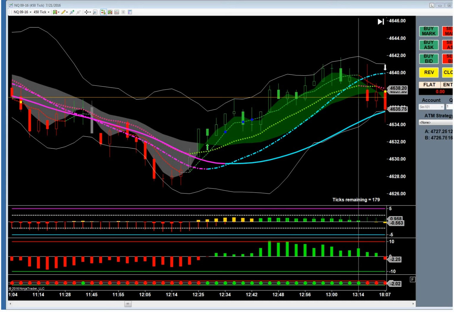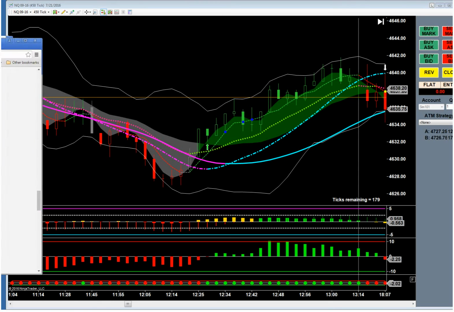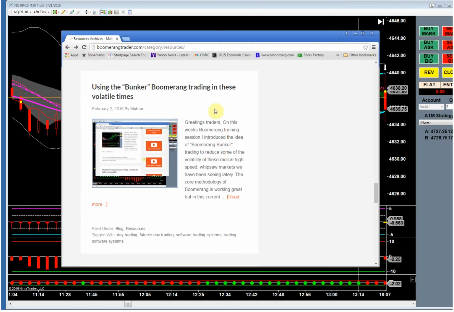If you recall, I think it actually went to 28 a barrel. There were companies going bankrupt. It was a blistering attack on the crude oil industry, and the gold was getting pounded. It was so brutal. I don't know what to say other than it was just heavy. Well, I came up with, and it's already part of Boomerang, what I call the bunker Boomerang trading in these volatile times.